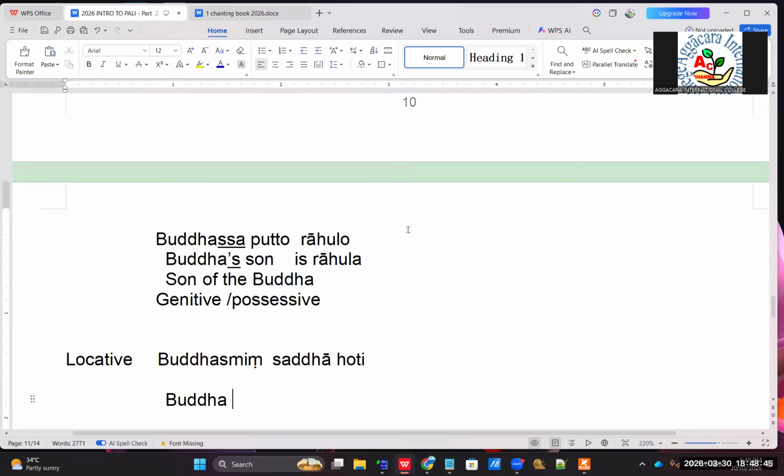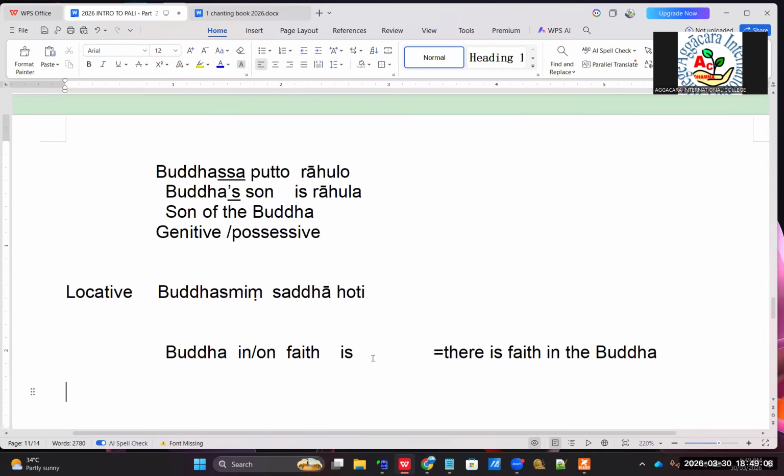Buddha in or on, Saddha is faith, hoti is. So it means there is faith in the Buddha. Smin here. Or we can use another one, Buddhamhi or Buddhe.